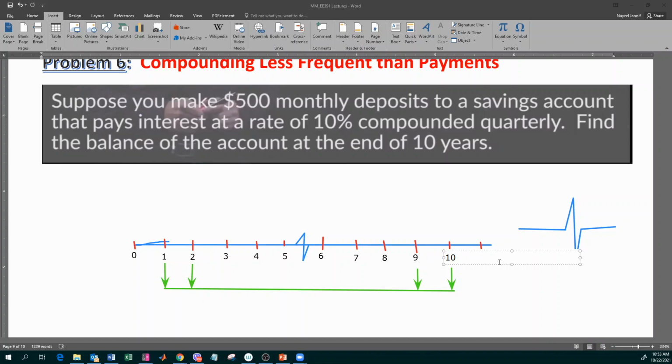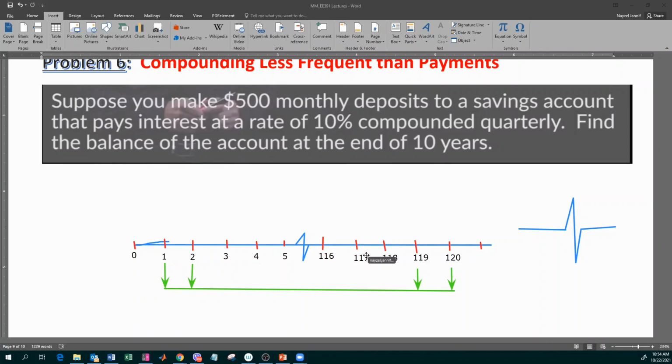We'll just draw the diagram, we won't solve the question. 10 years is how many months, guys? Anyone? 120 months. So this diagram is in terms of months.